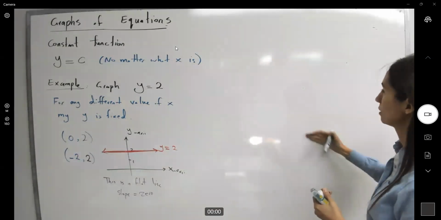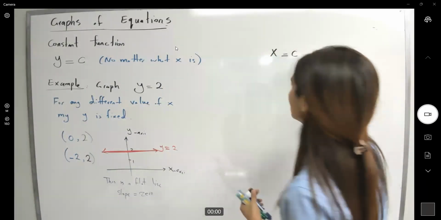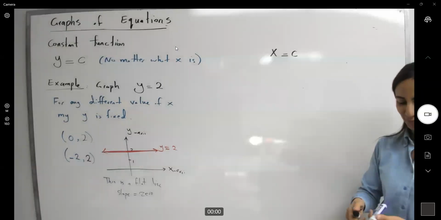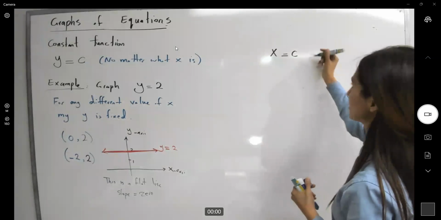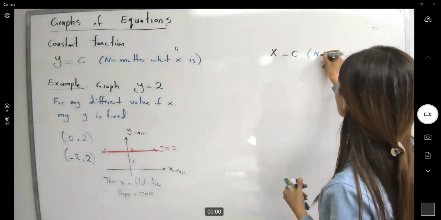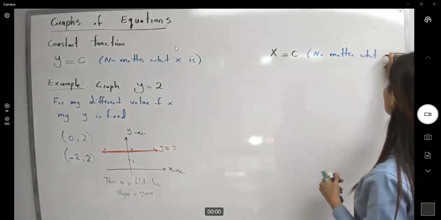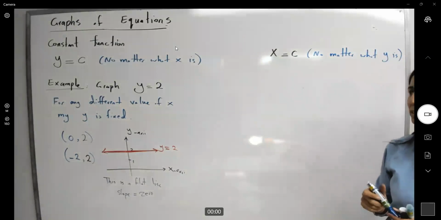If you have x equals c, no matter what your y is, it doesn't matter at all. No matter what y is, your x is always fixed.